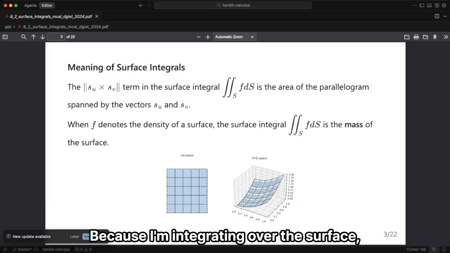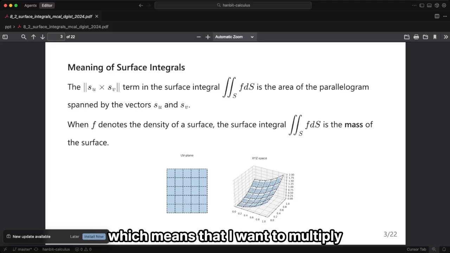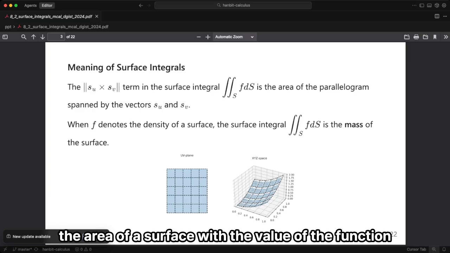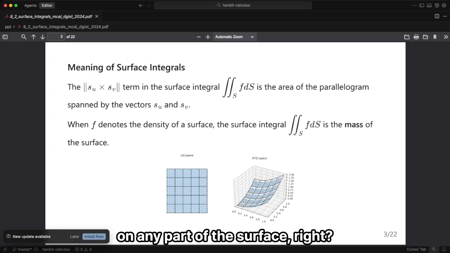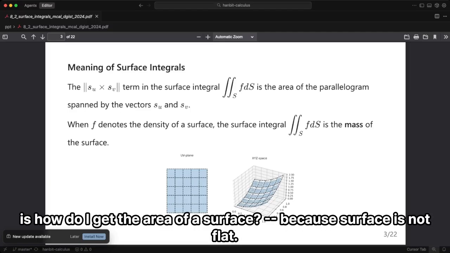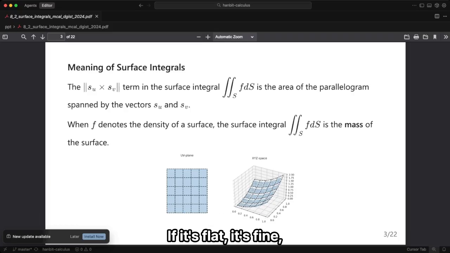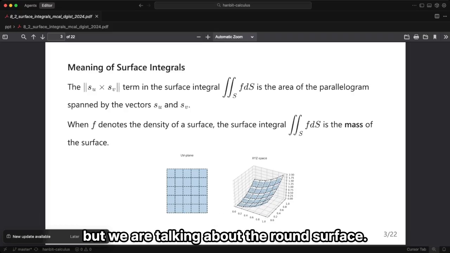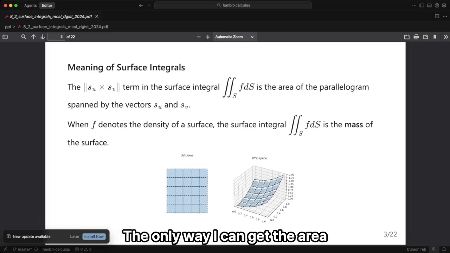Because I'm integrating over the surface, which means that I want to multiply the area of a surface with the value of the function on any part of the surface, right? But the problem is, how do I get the area of a surface? Because the surface is not flat. If it's flat, it's fine, but we are talking about a round surface. The only way I can get the area is to approximate a small portion of the surface, which is round, by a flat parallelogram area.